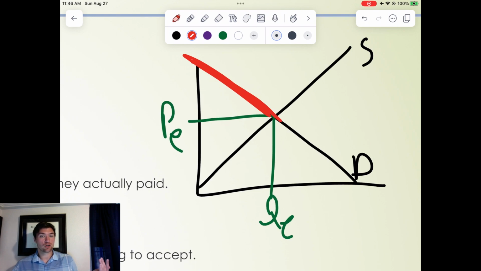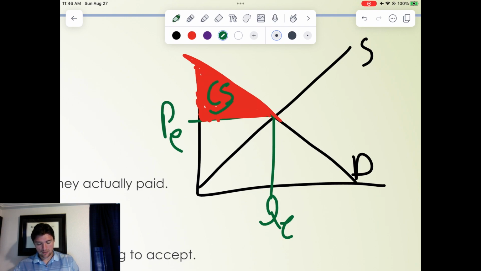But if they're only charging me $1, then I'm having a savings or surplus of this amount here. Because that's all I have to pay is the price, but I'm willing to pay more for it. And that's what the demand curve is saying: I'm willing to pay more for it, but I don't have to. So this red triangle here is my consumer surplus.